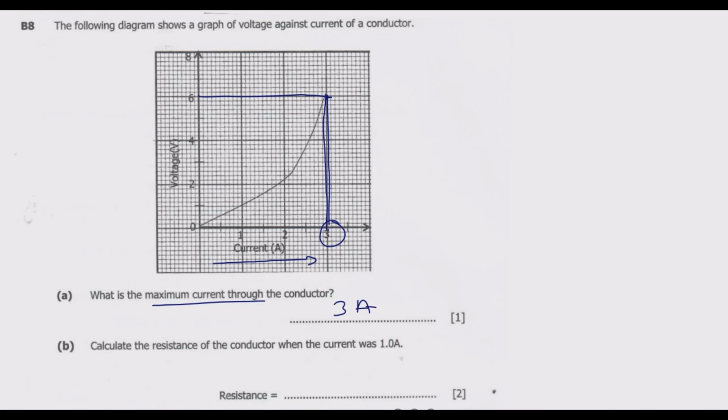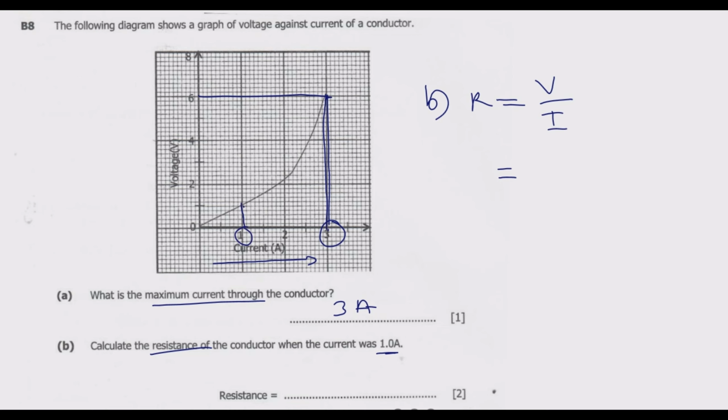Calculate the resistance of the conductor when the current was 1.0 amps. So basically, again, we come here, we look at B. We are asked to calculate resistance, and we know that resistance is given by voltage divided by current. So we need to go on the graph and look for where the current is equal to 1, what is the voltage?